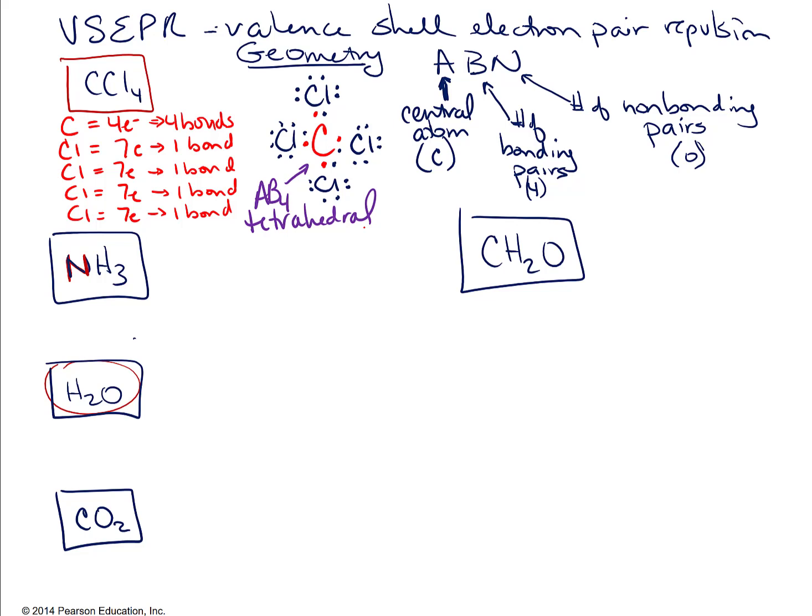So with NH3, we have the nitrogen and we have 3 hydrogens. Nitrogen has 5 electrons. Each hydrogen has 1 electron. So in order to create stability, that nitrogen is going to have to make 3 bonds. So it's got 5 electrons. If it shares 3 with another atom, that will give it 8.